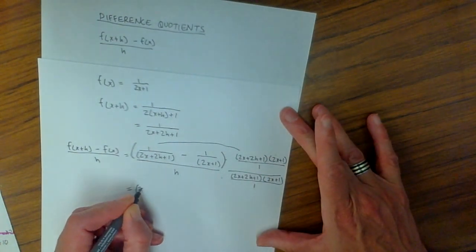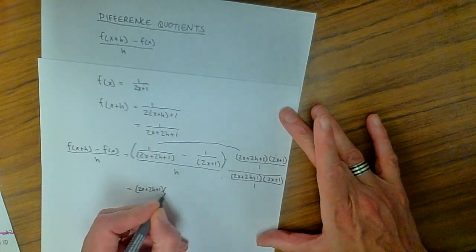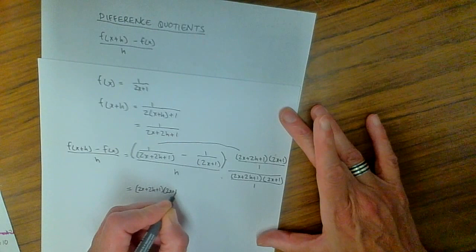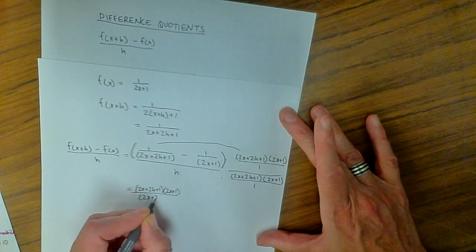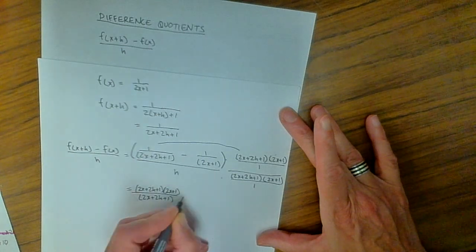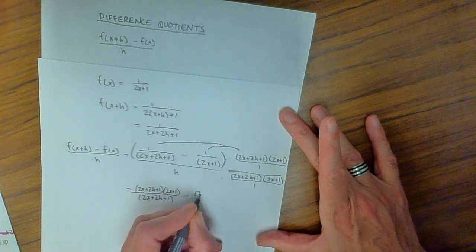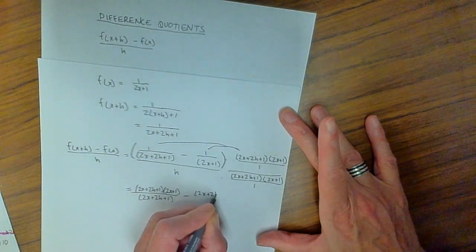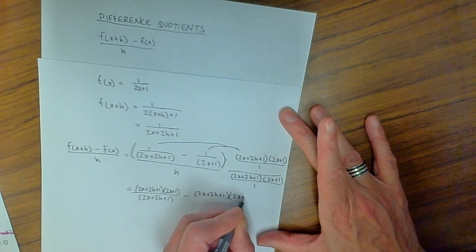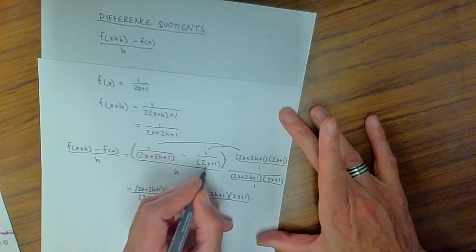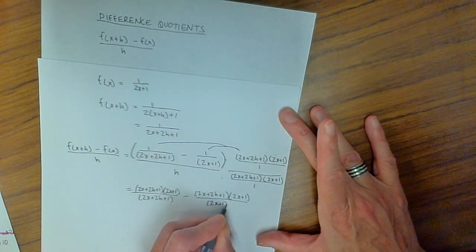So that's 2x plus 2h plus 1 times 2x plus 1 over 2x plus 2h plus 1, minus, second multiplication, 2x plus 2h plus 1 times 2x plus 1, and on the bottom, 2x plus 1 times 1, so that's just 2x plus 1.